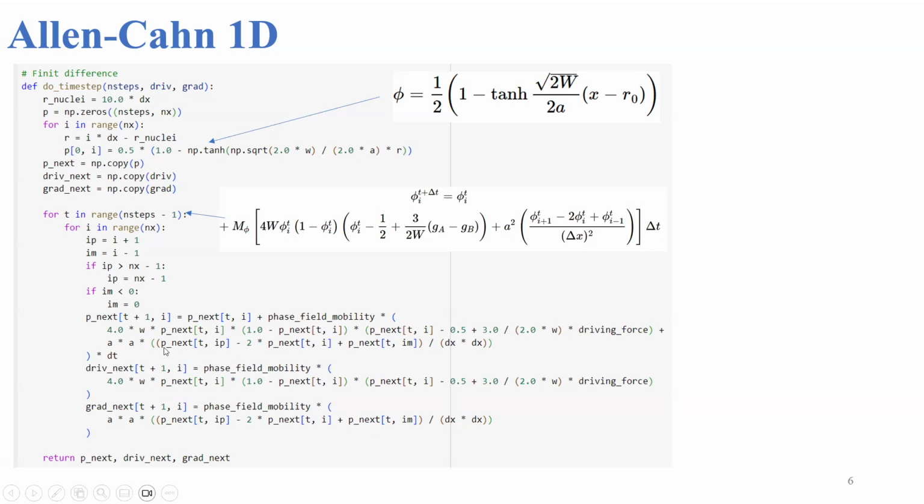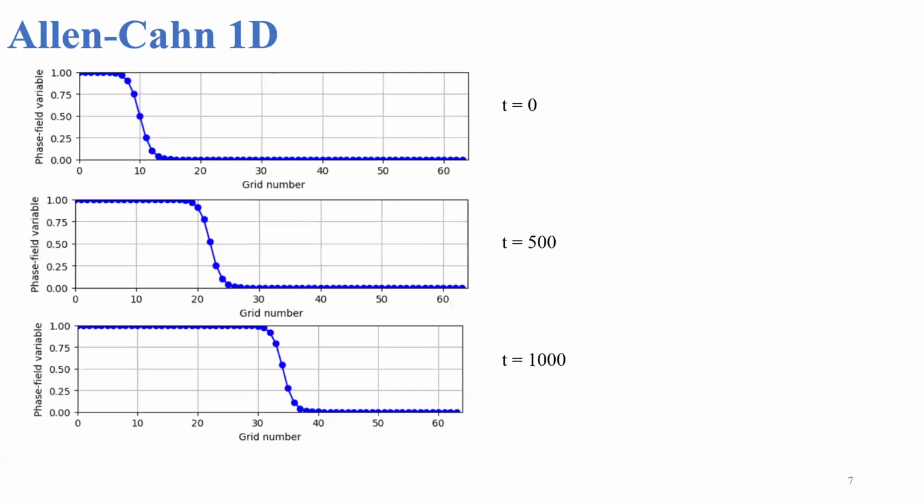You can see we are employing a finite difference based method, and we can get the behavior at n steps, whatever time you want to solve for. So here is an example. At t equals 0, it looks like this. At 500 steps the same equation was solved, and at 1000 you can see it is propagating.